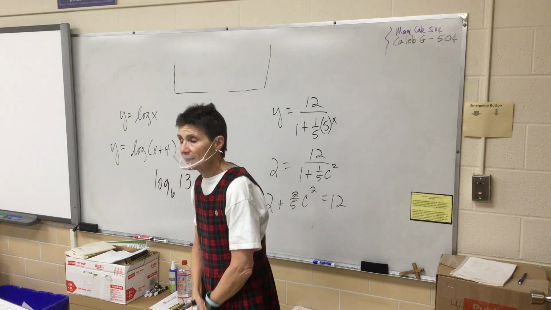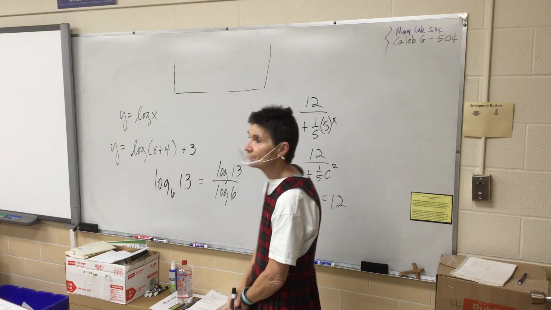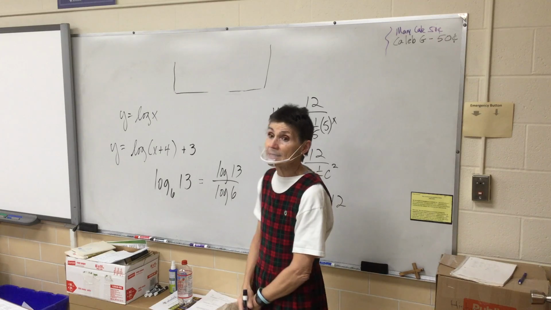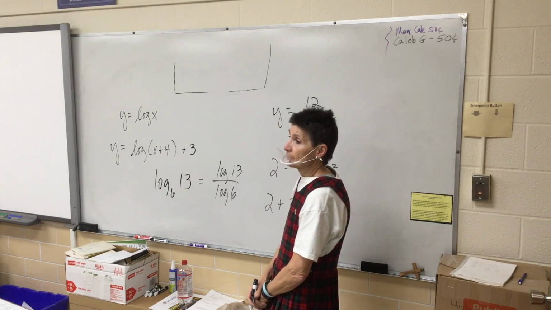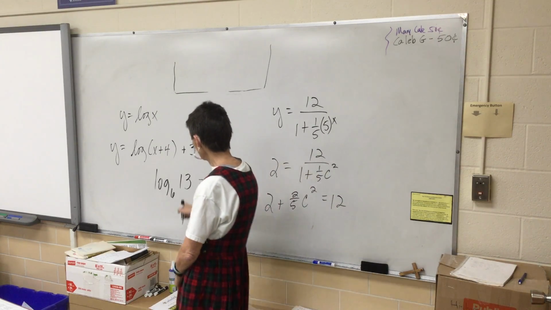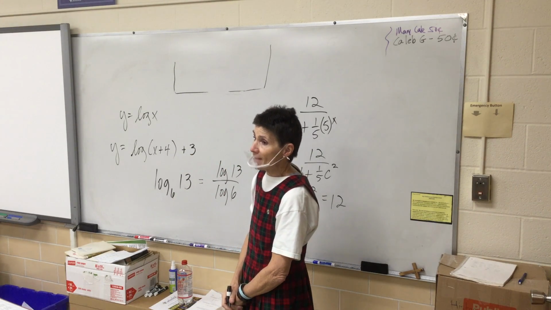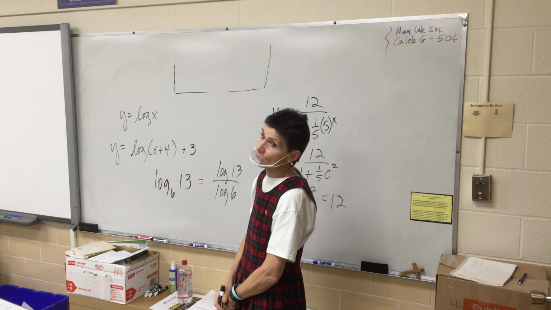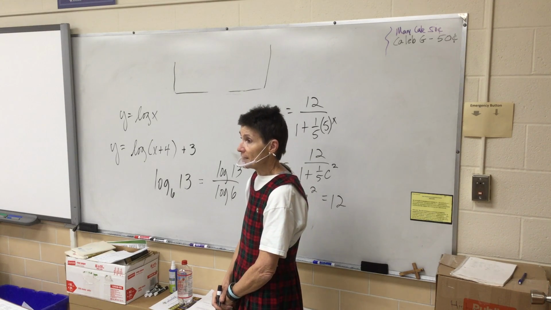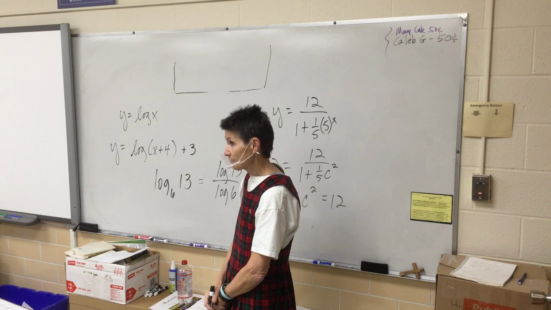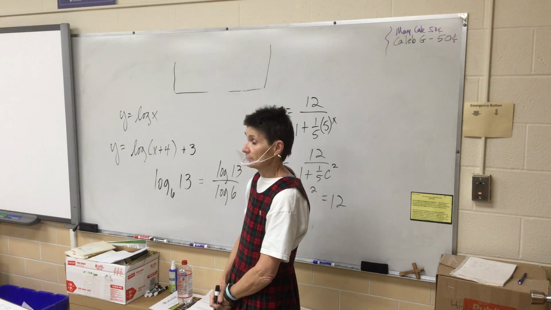We go to our calculator, we type that in, and we get a decimal. It's always the log of this over the log of this. If you have to evaluate, actually find a value for a logarithm that isn't base 10 or base e, this is how you're going to do it.